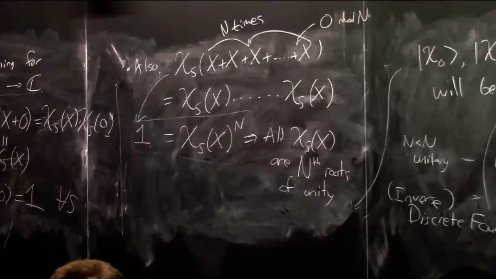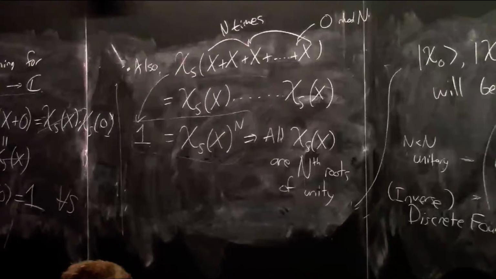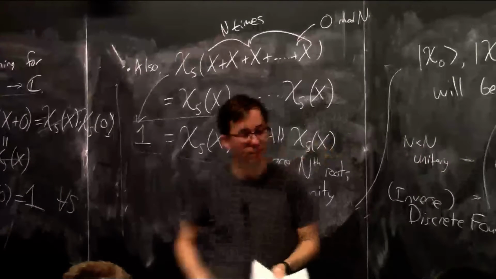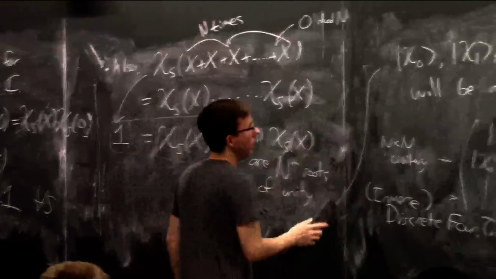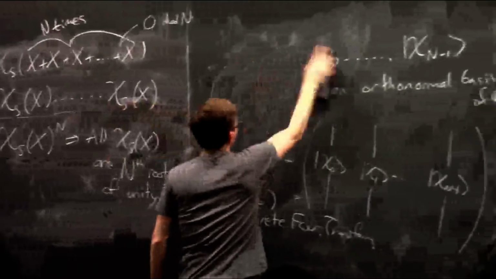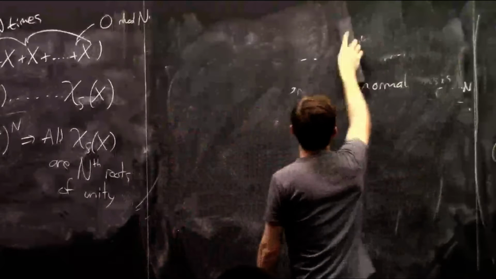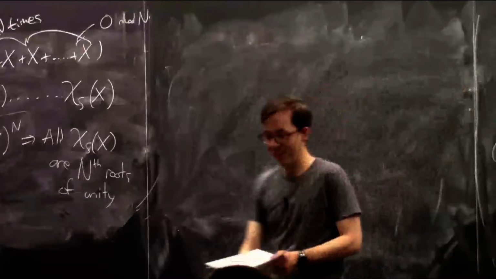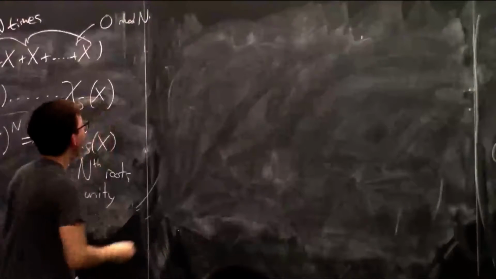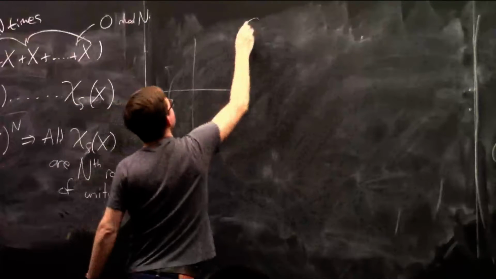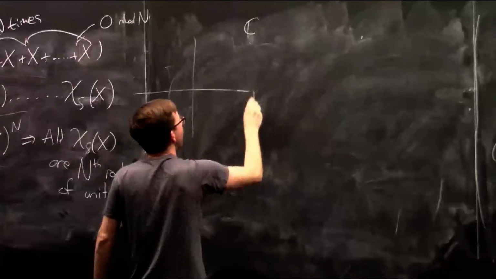Good. So now we know that these functions chi, which we're somehow seeking, are going to be roots of unity, nth roots of unity. Hopefully you remember all your complex number stuff, but very briefly I'll draw you a little picture. Now, again, for the first time, this two-dimensional picture will be representing one complex number, not two real numbers.